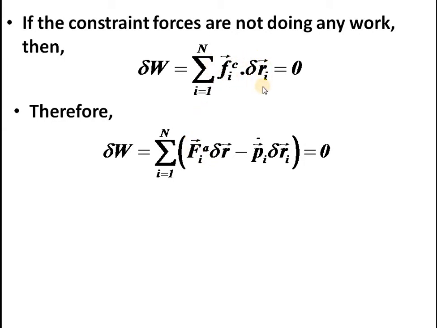That's a fundamental principle for the cases which we are interested in. In such cases, constraint forces do no work. So removing this term, we get delta W equal to summation from i equals 1 to n. The 1 to n is there because we assume that the system contains n number of particles. A system may contain 2 particles, 3 particles, 4 particles. Accordingly, the number of equations will get reduced.